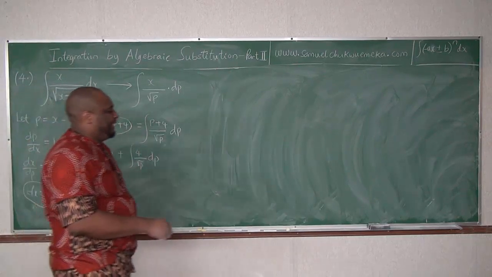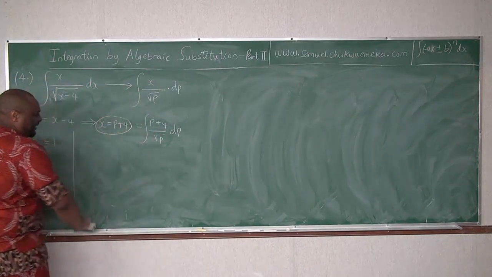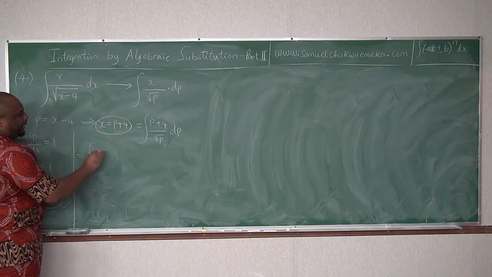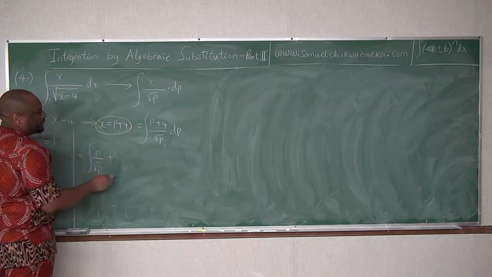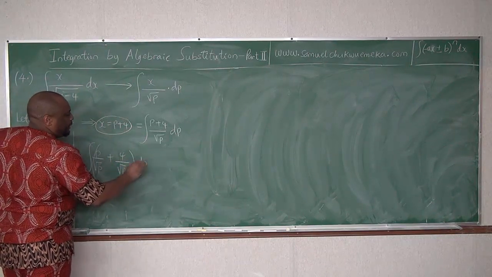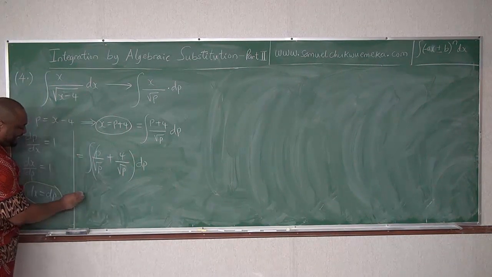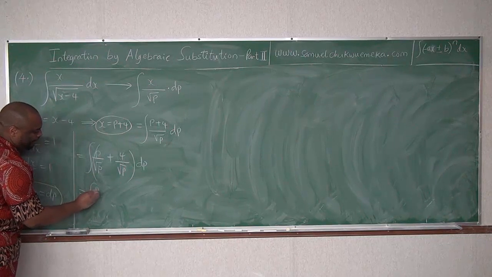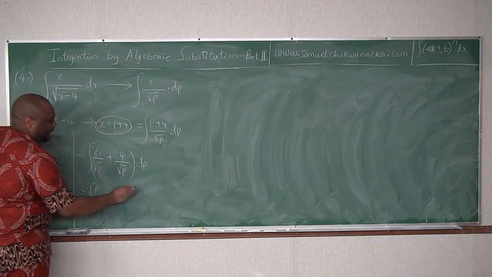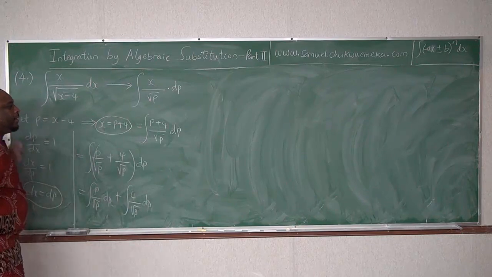Let me put this step in case you did not understand what I did. Let me simplify. So this means the integral of p over square root of p plus 4 over square root of p dp. Okay, you like this step now? So this will be the integral of p over square root of p dp plus the integral of 4 over square root of p dp.